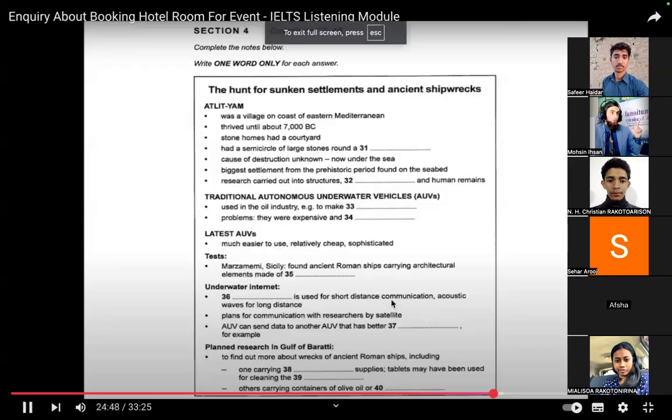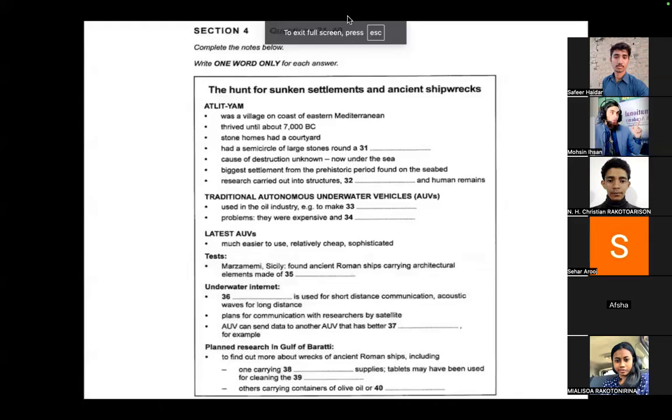Atlit Yam may have been destroyed swiftly by a tsunami, or climate change may have caused glaciers to melt and sea levels to rise, flooding the village gradually. Whatever the cause, it now lies 10 metres below the surface of the Mediterranean, buried under sand at the bottom of the sea.